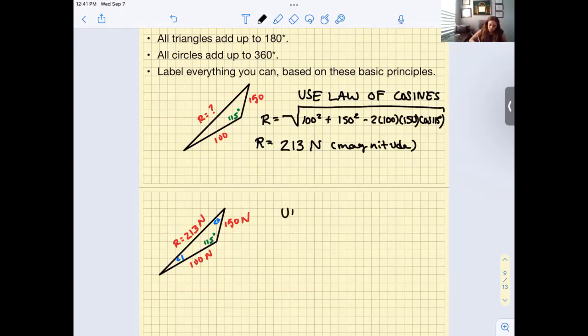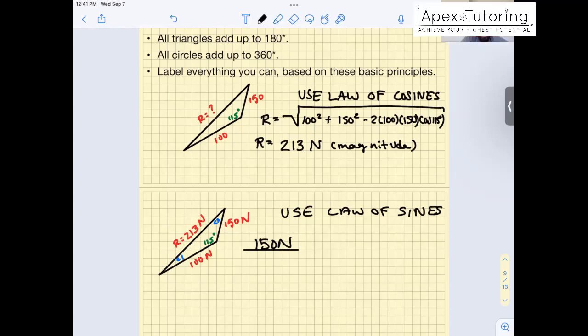So use law of sines. So let's say I wanted to use the 150 Newton side. What would I put it over? Is it angle 1? Yes, sine of angle 1.